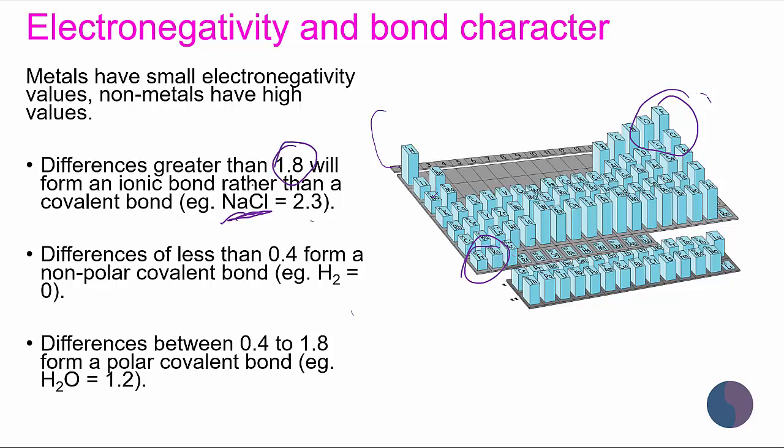If the electronegativity difference is greater than 1.8, it's ionic. If it's less than 0.4, it's covalent. And if it's in between, you'll call it polar covalent. Now you need to know those because they will help you later on in determining lots of other things.